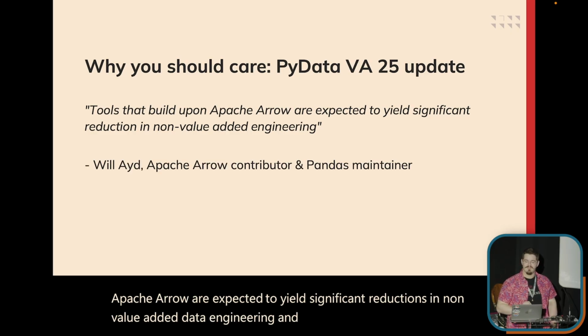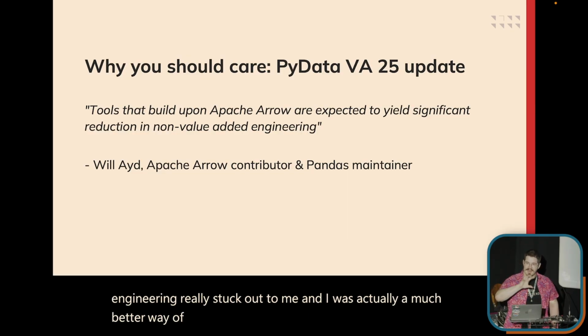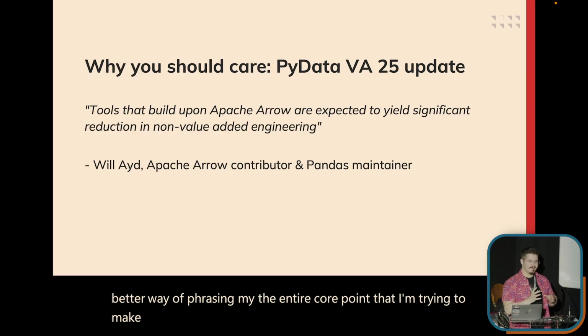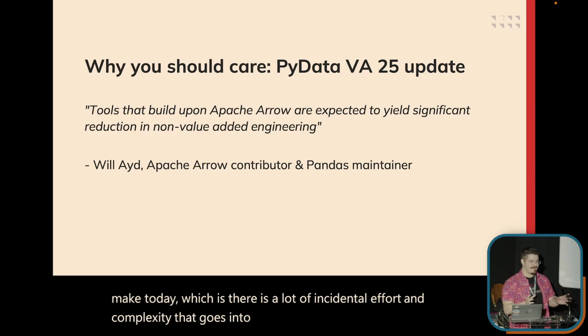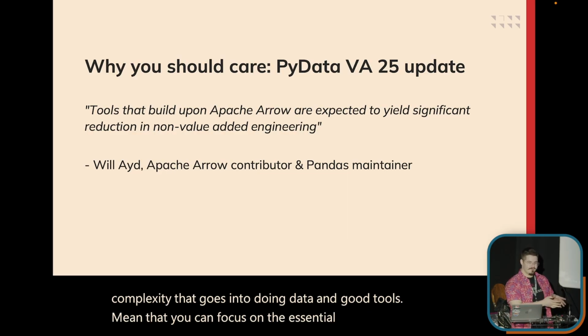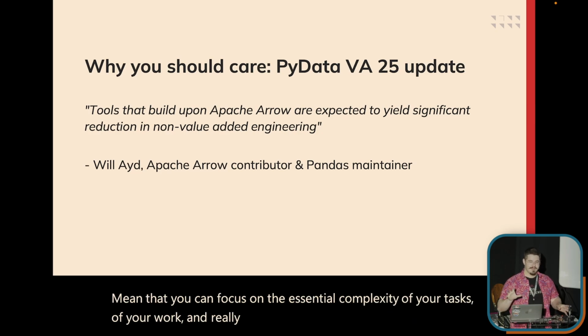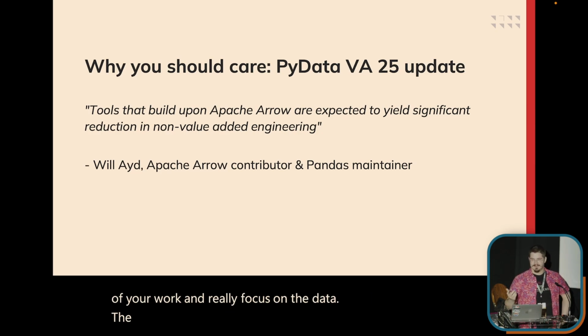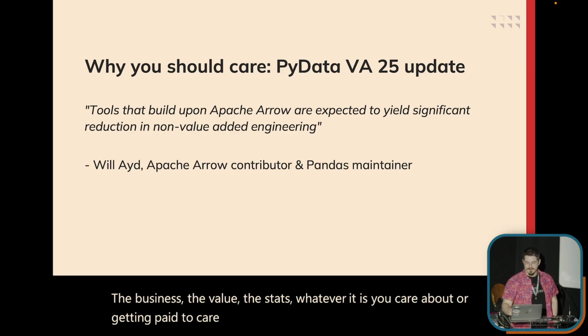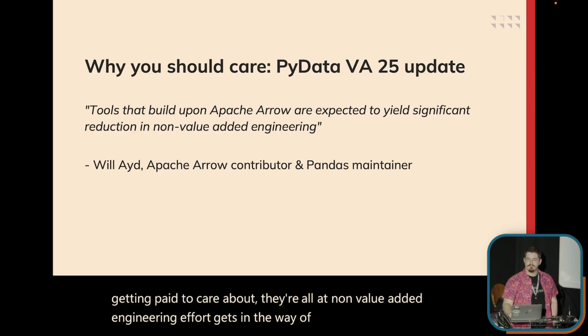That phrase, non-value added engineering, really stuck out to me, and is a much better way of phrasing the entire core point that I'm trying to make today, which is there's a lot of incidental effort and complexity that goes into doing data, and good tools mean that you can focus on the essential complexity of your work, and really focus on the data, the business, the value, the stats, whatever it is you care about or are getting paid to care about. All that non-value added engineering and effort gets in the way of that. So good tools like DuckDB, I think, really help with that.